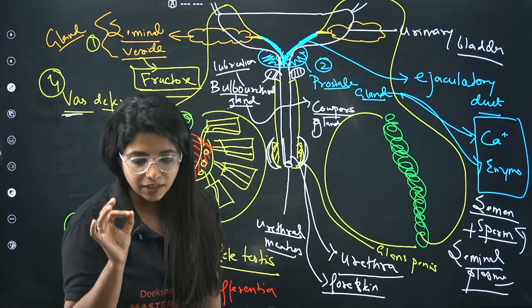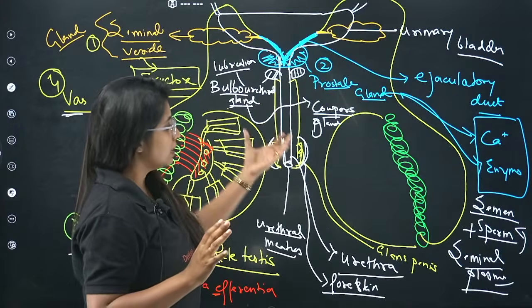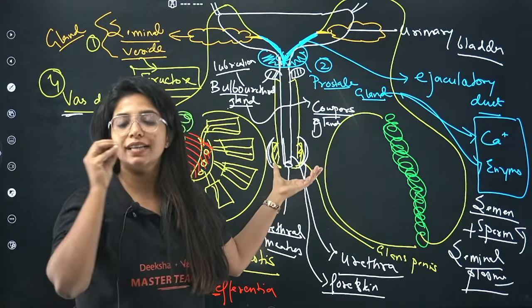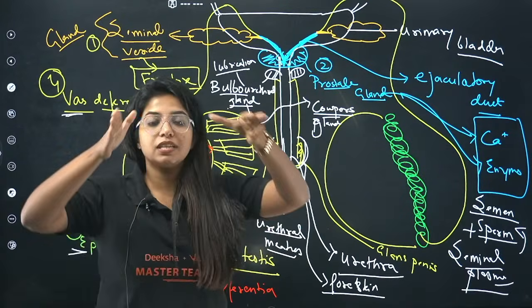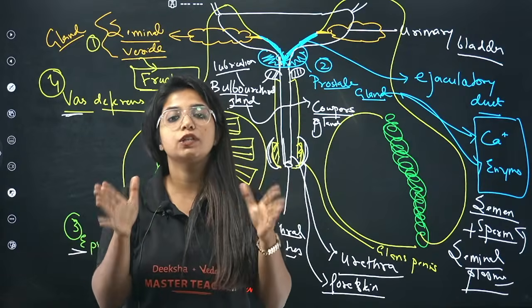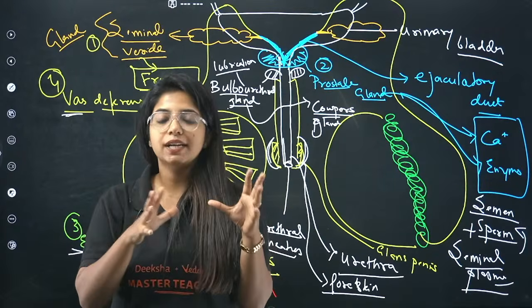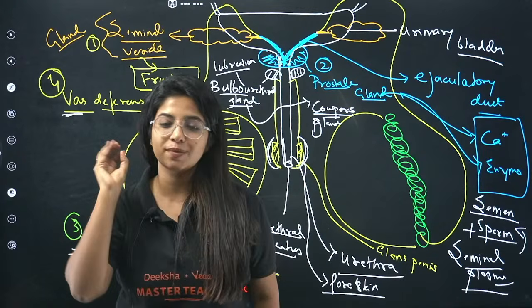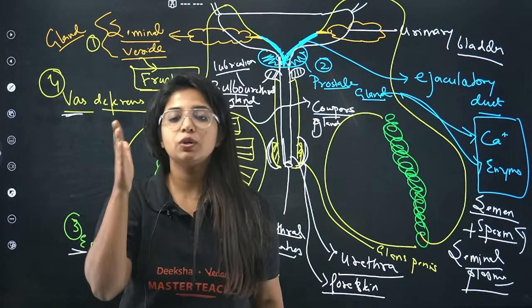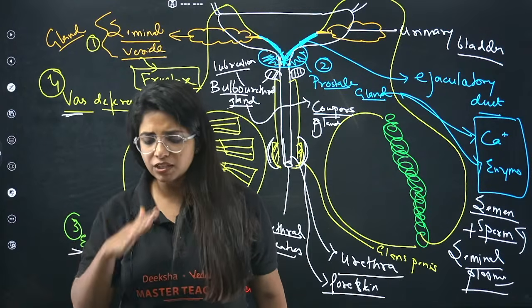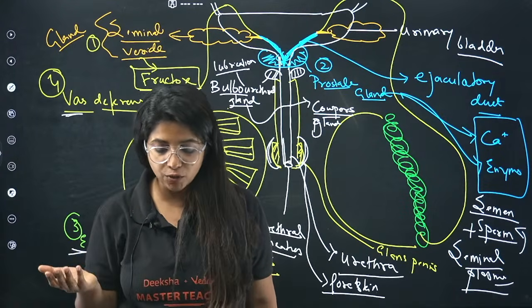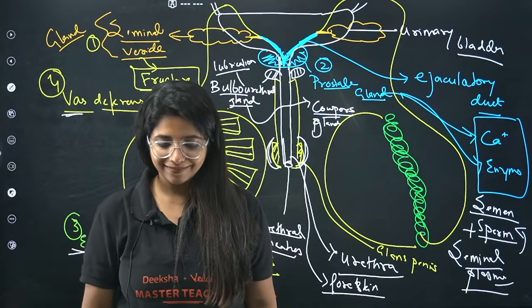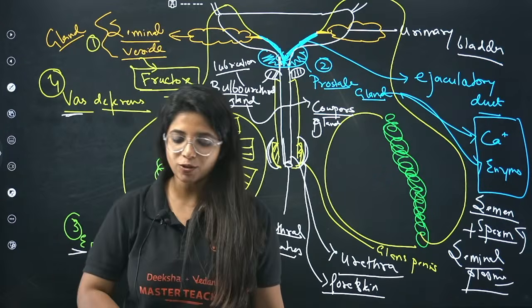So this is the external genital organ. The enlarged portion below it is known as glans penis. The glans penis is covered by a loose fold of skin known as foreskin, which has many nerve endings to excite a man during sexual intercourse so that erection can happen. It is also known as prepuce as well.